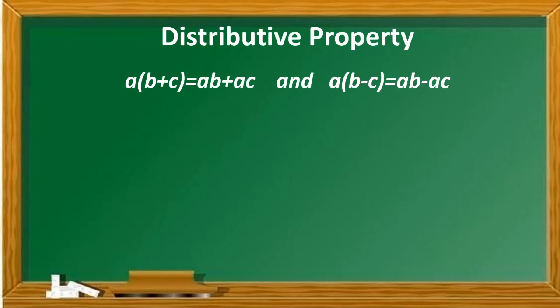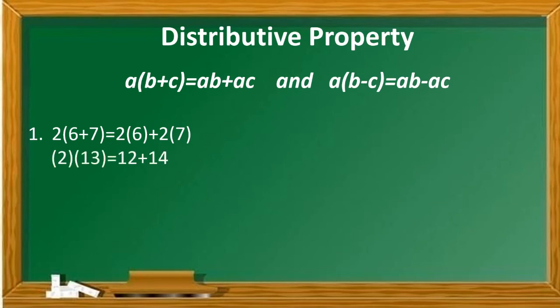And for better understanding of the distributive property, here are the following examples. 2 times the quantity of 6 plus 7 is equal to 2 times 6 plus 2 times 7. So, 2 times 13 is equal to 12 plus 14. Then, the result is 26 equals 26.